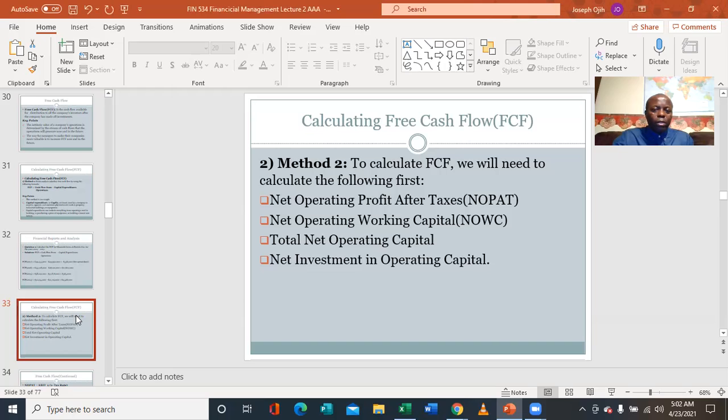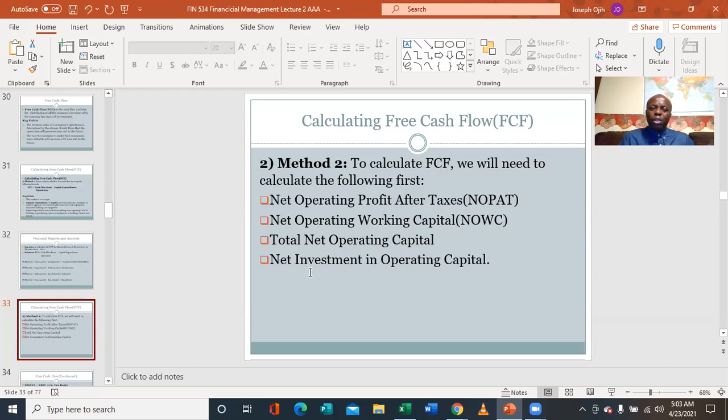So for this method, we have to calculate the free cash flow. We need to calculate 4 things. One is the net operating profit after tax. Second is the net operating working capital. Third is the total net operating capital. And the fourth is the net investment in operating capital.